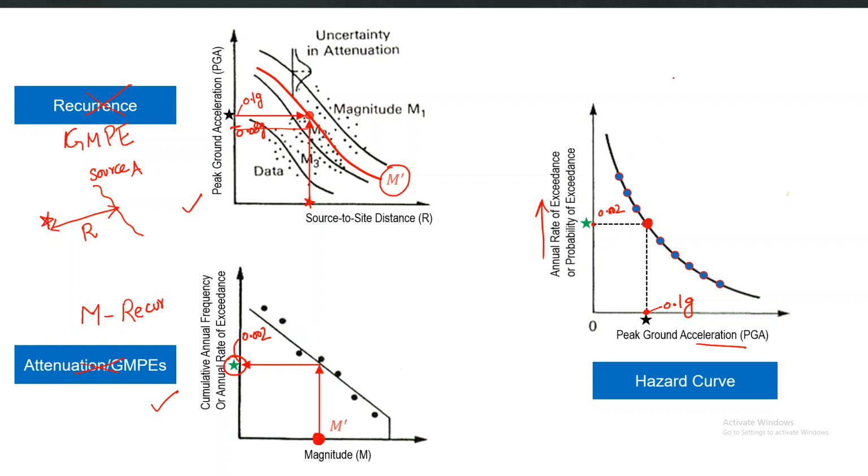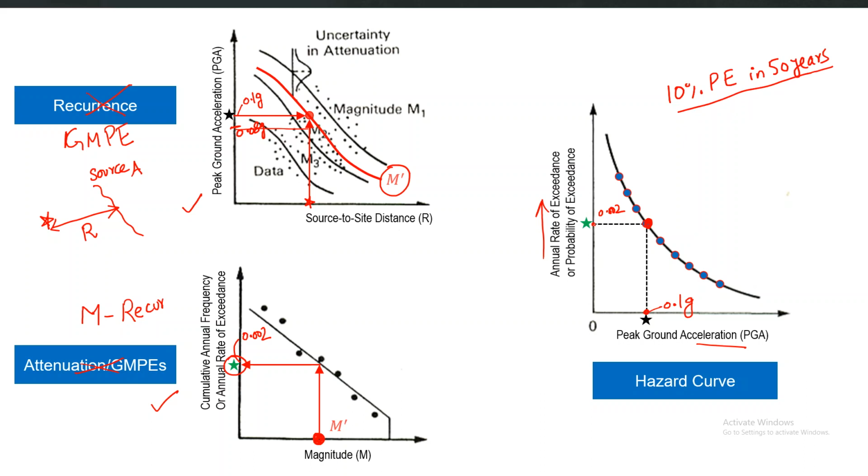For example, you can define a hazard definition as the earthquake with 10% probability of exceedance in 50 years. So you can convert this 10% probability of exceedance in 50 years into the annual rate of exceedance or probability of exceedance.